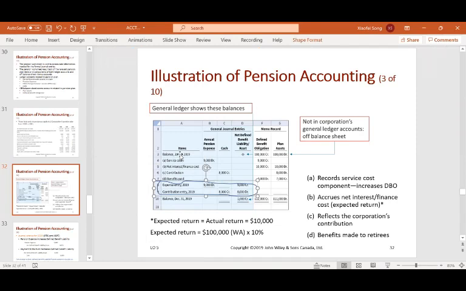The ones above are not journal entries. We don't put them in our journals. We are just accumulating, I want to say recording, but it's not recording. We're just writing down the impact of these various items, right? We do not actually record them in journals.